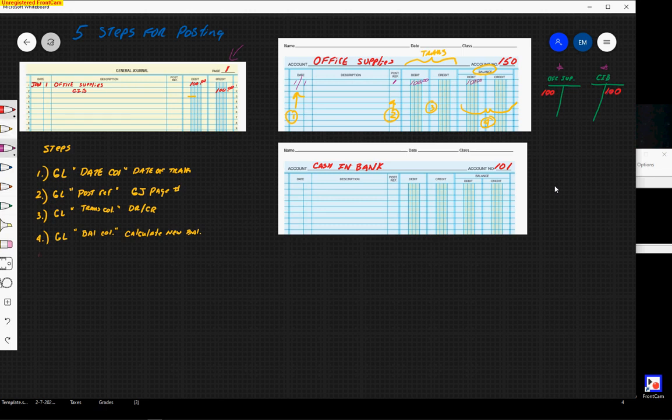5th step, and last. What form? General journal. Number 5, right? So go to the general journal. Where on the form? The post reference column is right here. What goes in there?